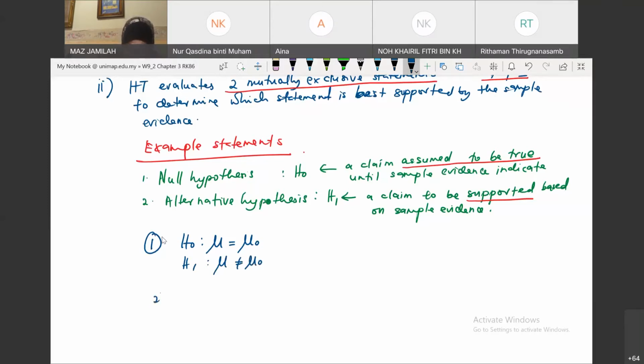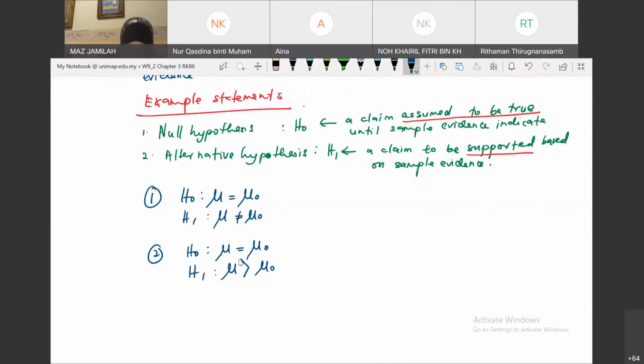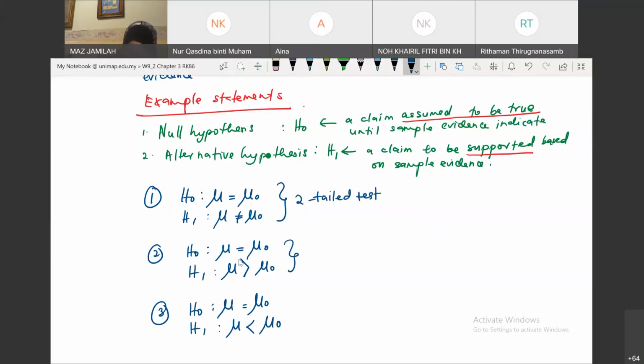Second: null, mu equal to mu naught; alternative, mu greater than mu naught. Third: null, mu equal to mu naught; alternative, mu less than mu naught. So class, we may have three types of tests. This is what we call a two-tailed test. This is what we call a right-tailed test.